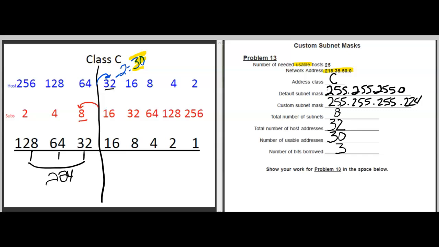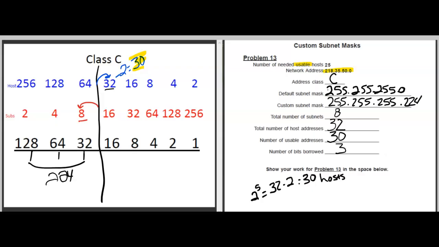You can also do it just by counting binary. So I need 25 hosts. 2, 4, 8, 16, 32. So I need 2 to the 5 gives me 32 minus 2. So I have 30 usable hosts. Then what do I have left?